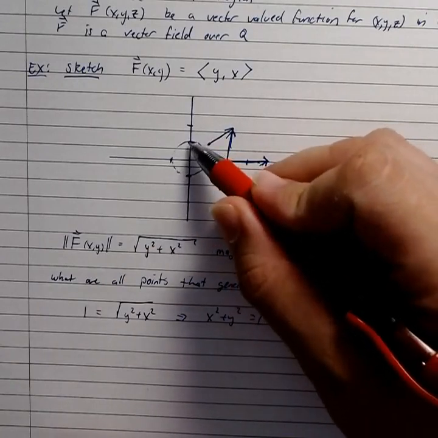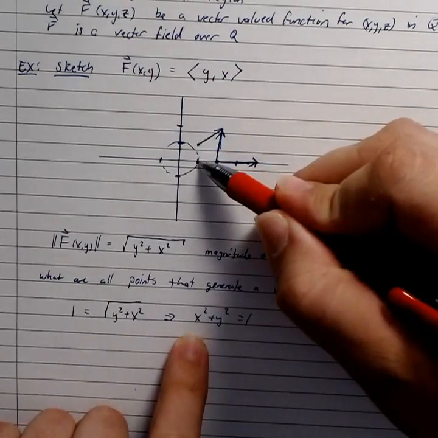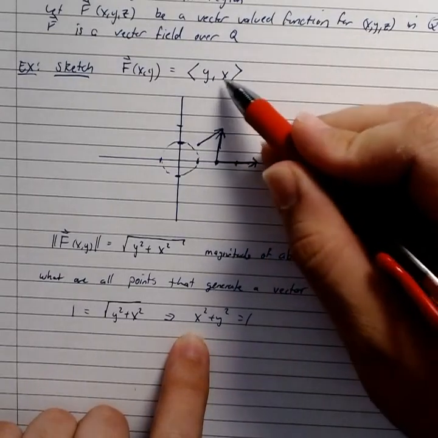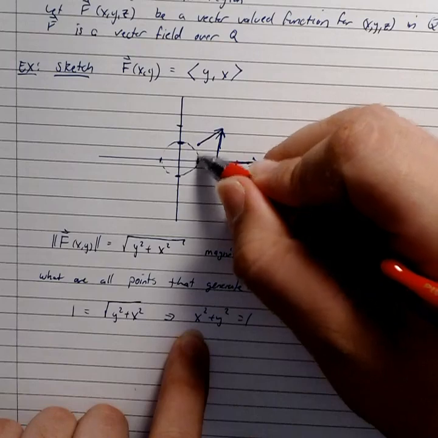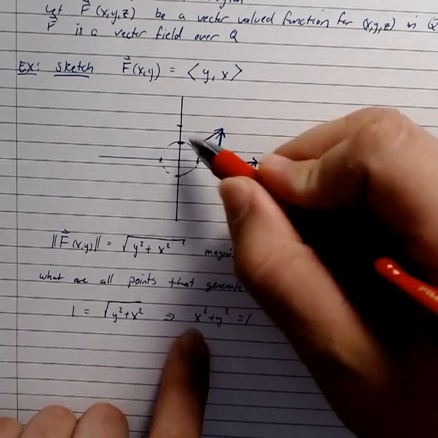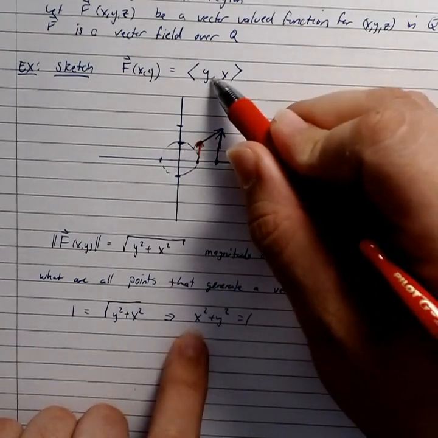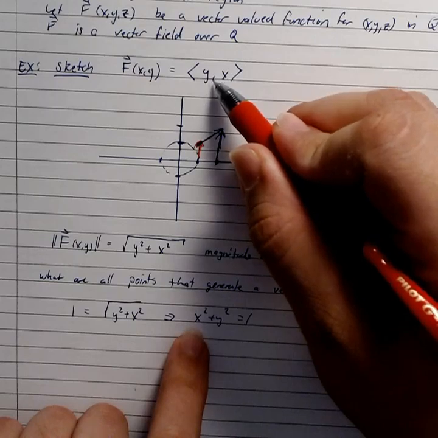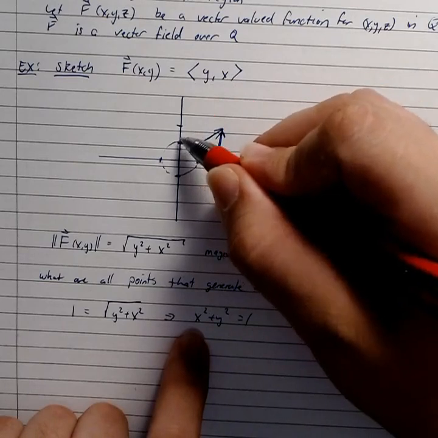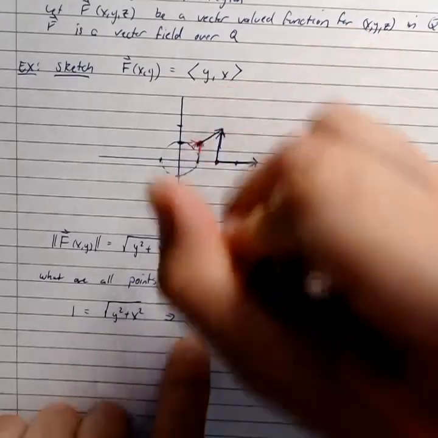Not that there's anything special about them, but they're a little bit simpler to draw. So here, if I use the point 1, 0, that would give me the vector 0, 1, which would go 1 unit straight up from there. And then from here, this would be the point 0, 1, which would give us the vector 1, 0, which would give us this vector facing this way.